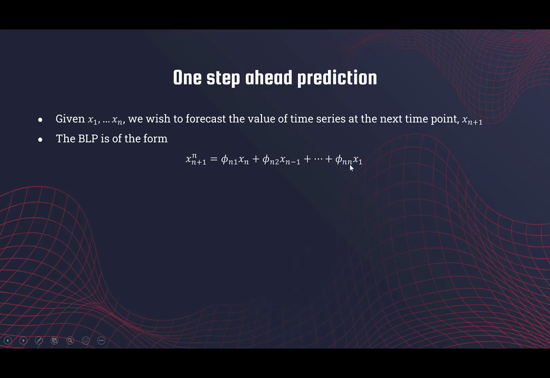This phi n n will also turn out to be the PACF. You don't know that yet. We'll see it later on. But this phi n n will also turn out to be the partial autocorrelation function. And another good thing about these coefficients is that they display their independence on n, right?